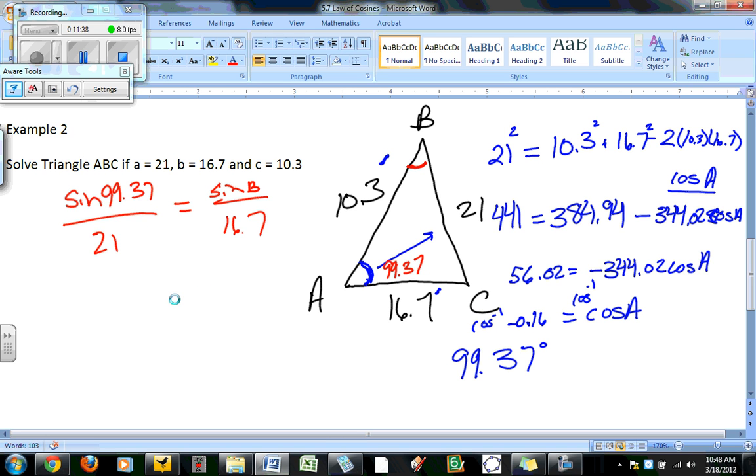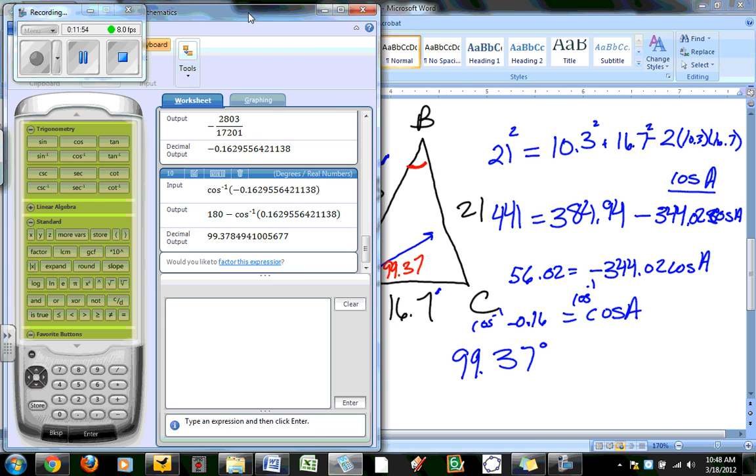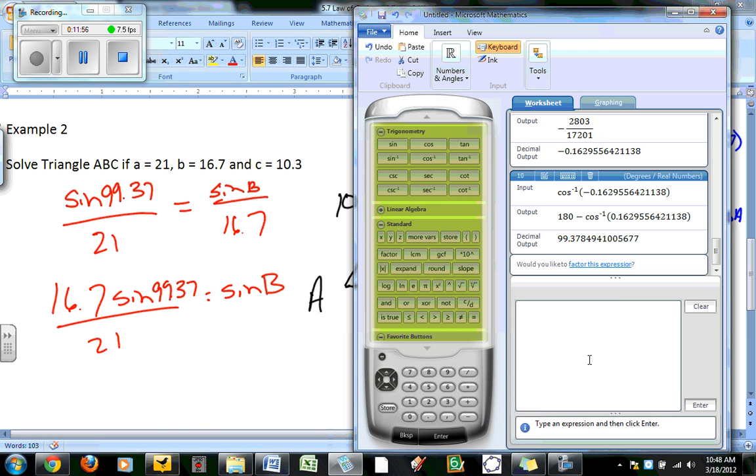And then again, we can solve. So we're going to multiply: 16.7 times the sine of 99.37 divided by 21, and that's going to equal the sine of B. And then once we're done with those calculations, we're going to take the sine inverse, and we'll have our answer.